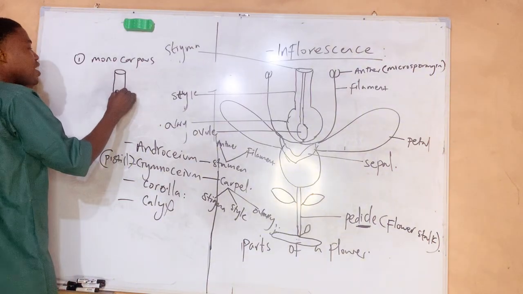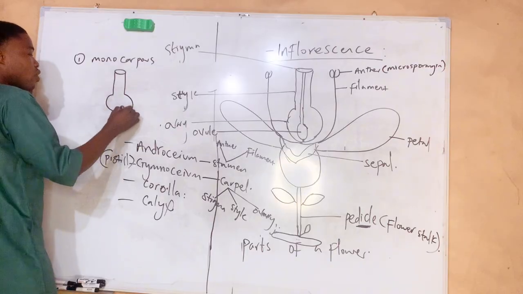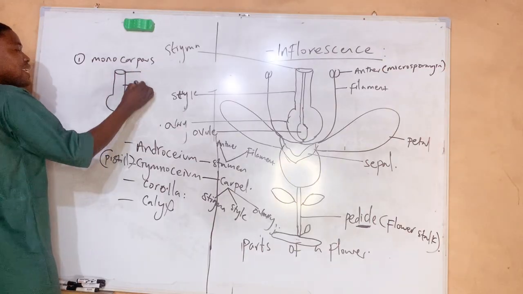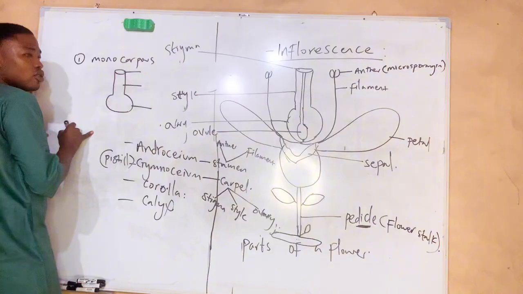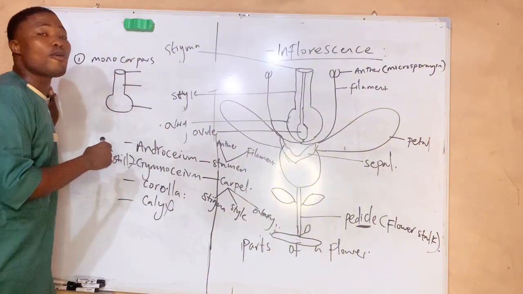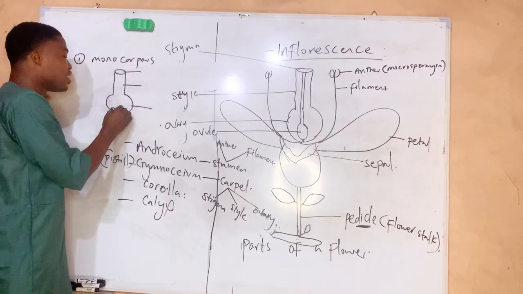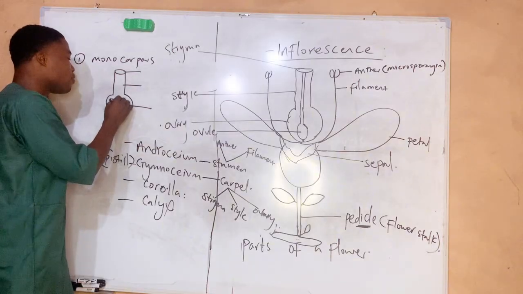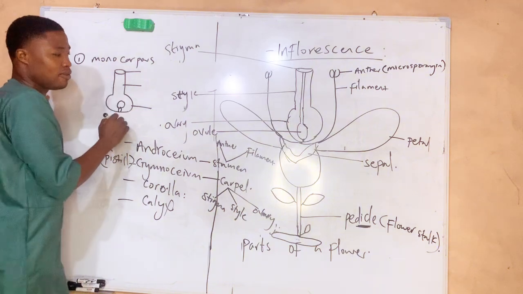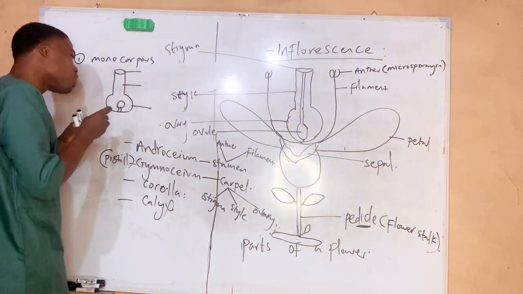That means one stigma, one style, one ovary. In most cases, a monocarpous pistil usually has one ovule, which means that if it becomes a fruit later on, it will have one seed.